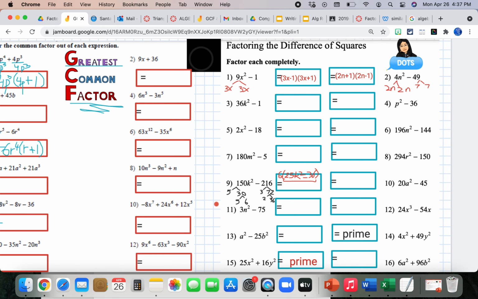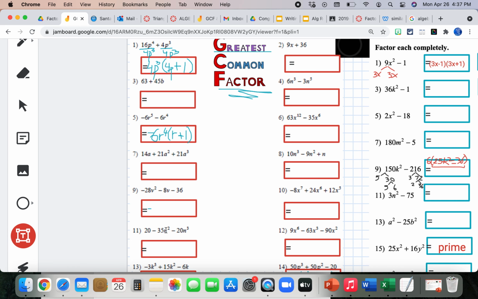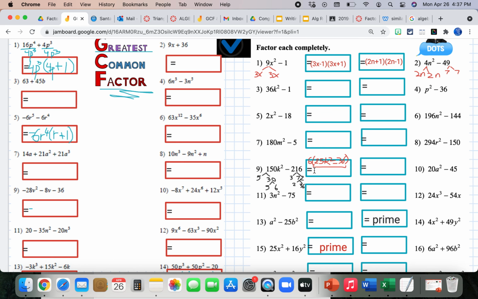Okay, and the final answer, I'm going to go ahead and type it in. The final answer is going to still get the 6 on the top. And it will be 5 times 5, 25, right? 5k minus 6 and 5k plus 6.